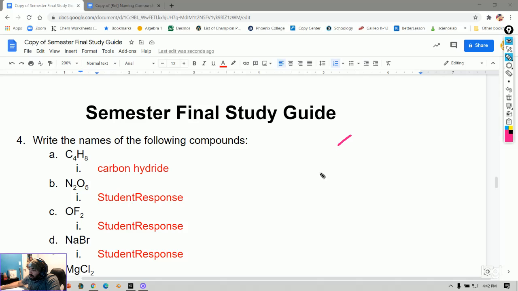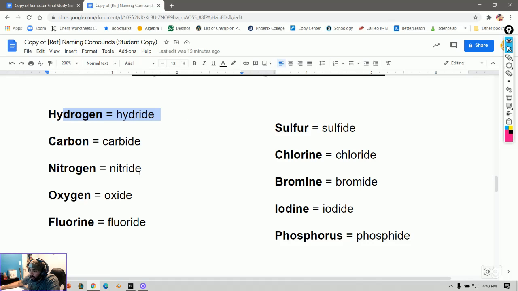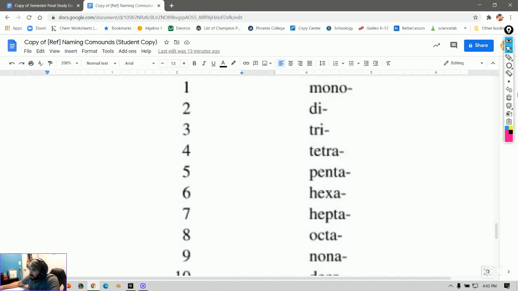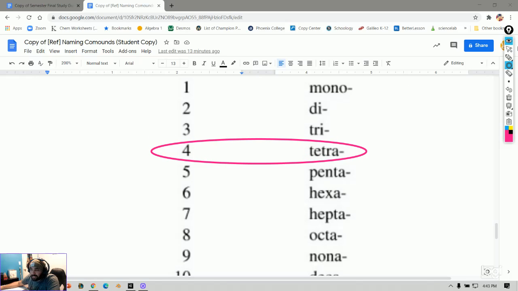Now this tells me I have a carbon and I have a hydrogen, but it doesn't tell me how many. I need to put words in front called prefixes to tell me how many there are. So in front of carbon, there are going to be 4 carbons, but I can't just write 4. I have to use the prefix for 4, which is tetra.